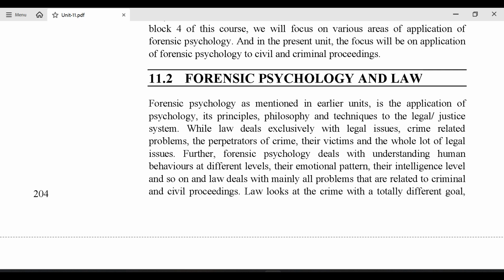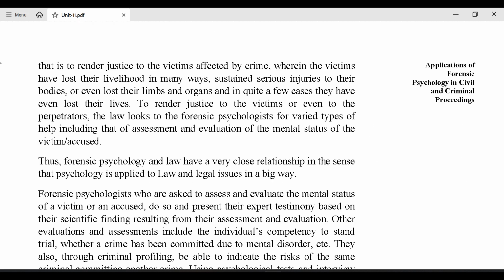Law looks at the crime with a totally different goal, that is to render justice to the victims affected by crime, wherein the victims have lost their livelihood in many ways, sustained serious injuries to their bodies, or even lost their limbs and organs, and in quite a few cases they have even lost their lives.